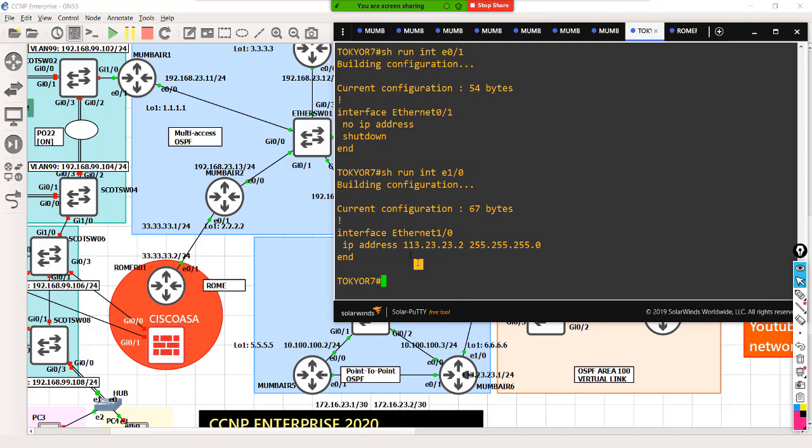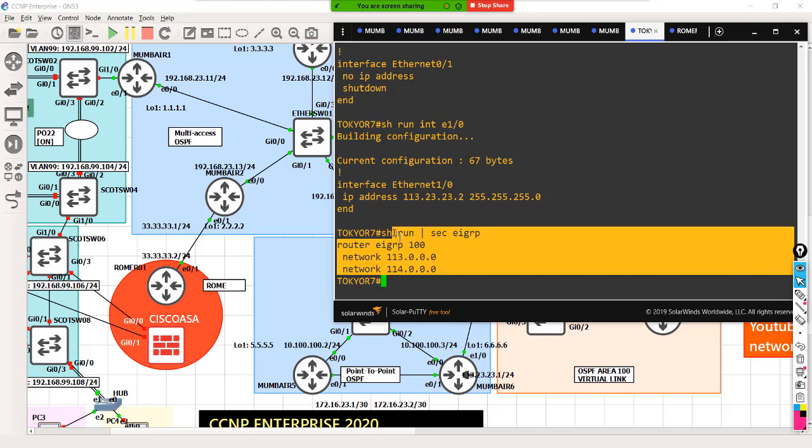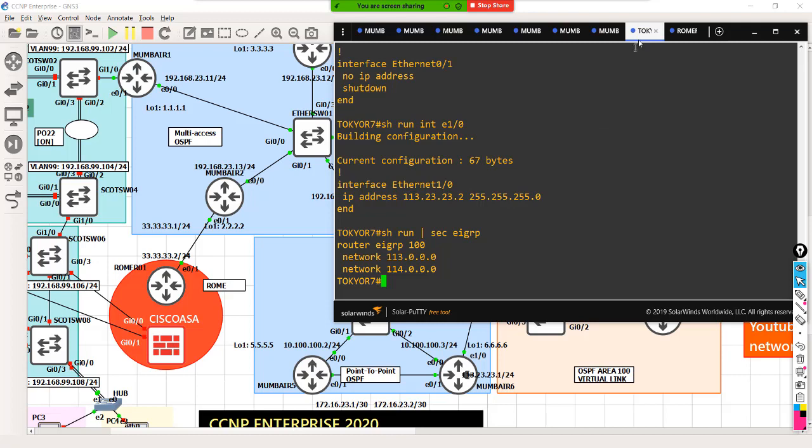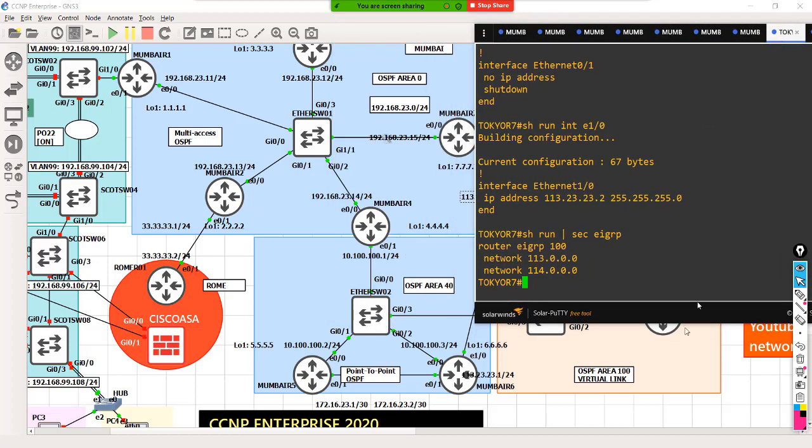Okay, so as I told you, I have this interface, and what am I advertising inside EIGRP? I'm advertising two different networks, 113 and 114. Okay, so I'm advertising these two networks. So who is my ASBR? My ASBR is this router, Mumbai 6.